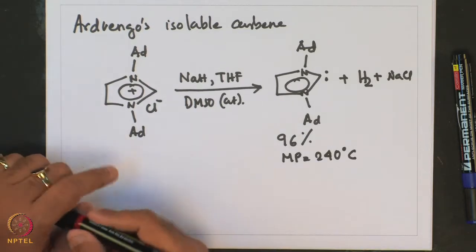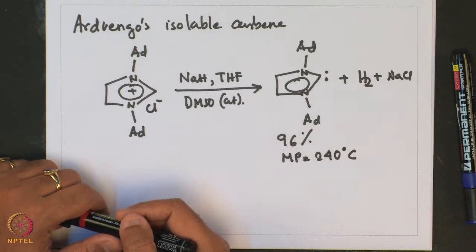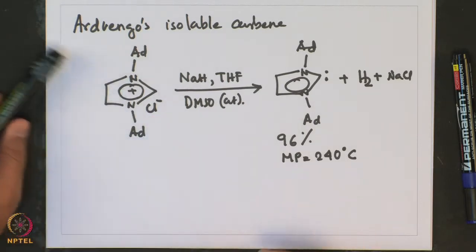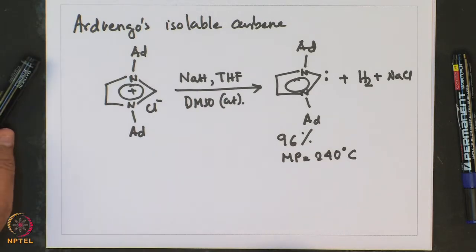So, this was an important breakthrough in being able to isolate transient species, which otherwise are extremely difficult to isolate and had only been observed by some very sophisticated spectroscopic techniques. Arduengo succeeded in this endeavor by adopting two approaches.